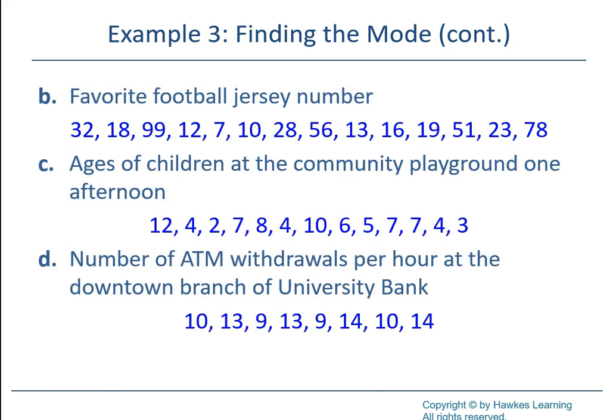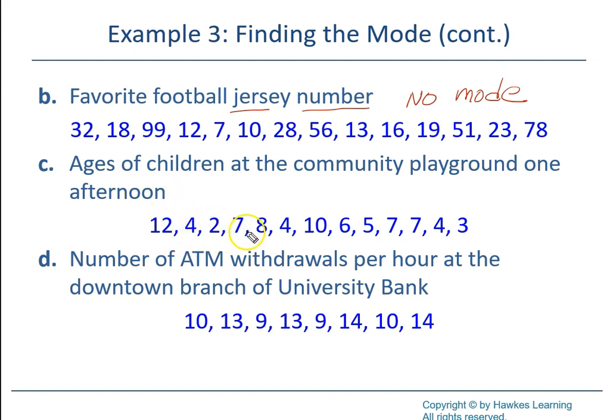Now in example B, we're looking for the mode in terms of jersey numbers. As we look through them, there isn't a number that's repeated, so this would be no mode. Now, ages of children at a community playground one afternoon.